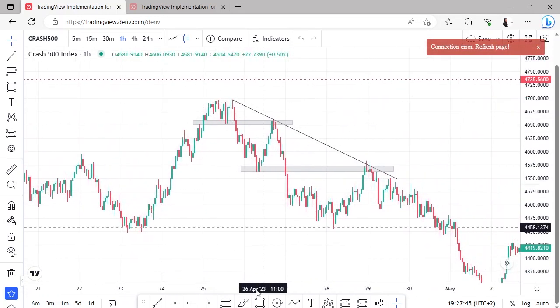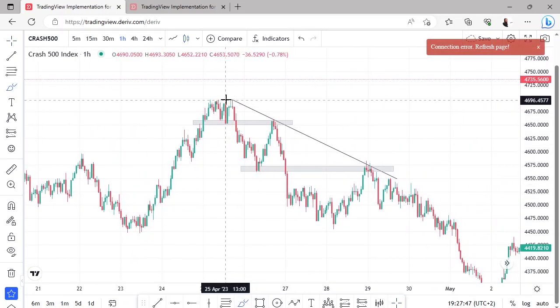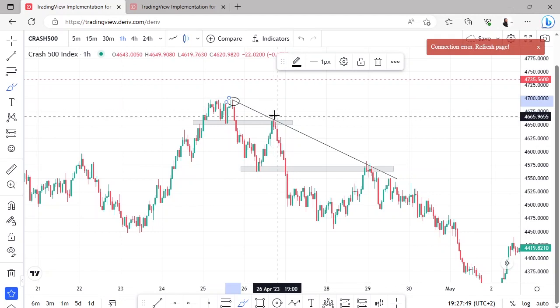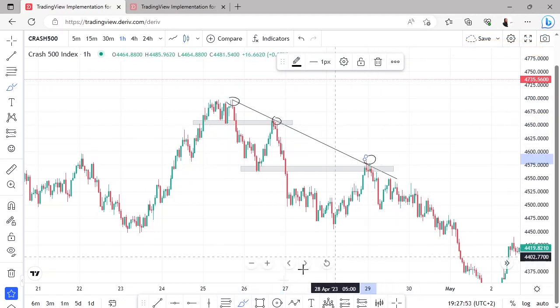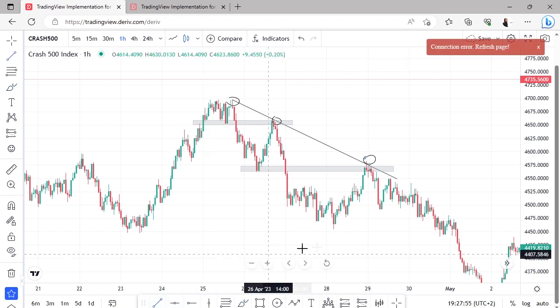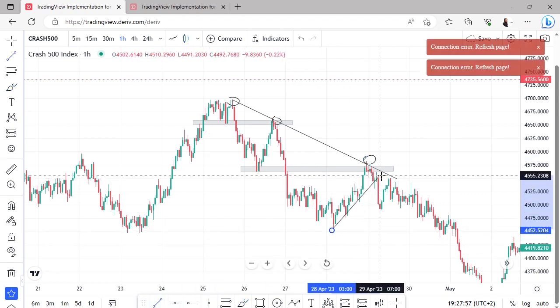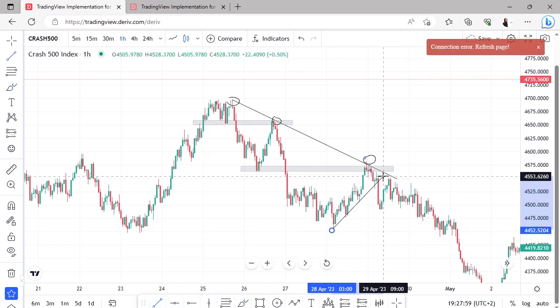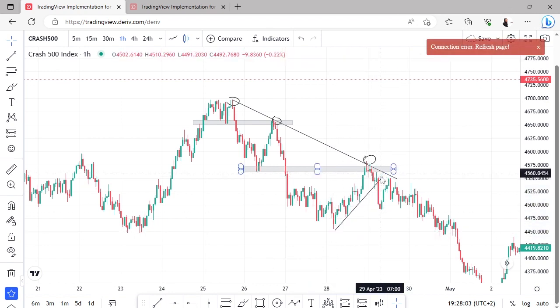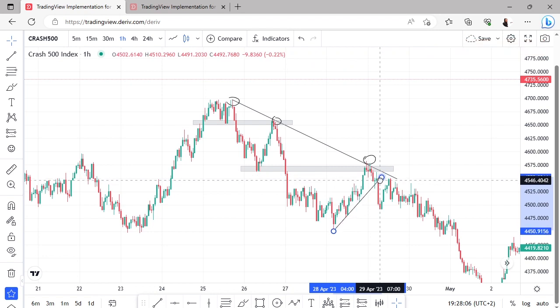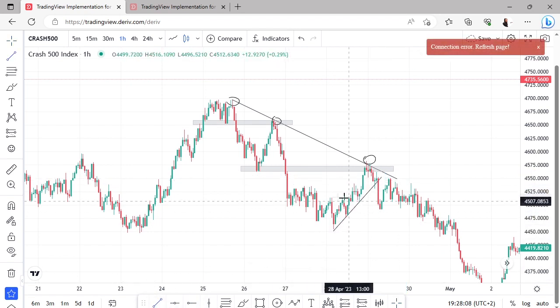So this is our first touch. Let me just mark it out. Our first touch, second touch, then third touch. So you can also draw this as a bearish continuation structure. So you can see that we have this there.